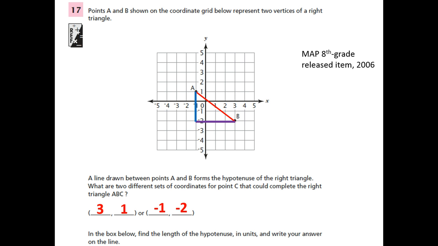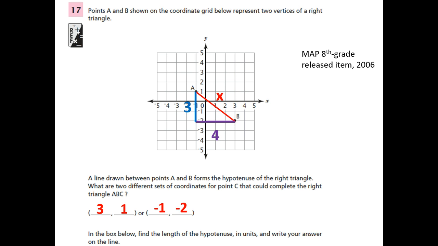The last part of it was to find the length of the hypotenuse in units and write your answer. So what we need to know to find the length of the hypotenuse, that red line segment, is how long are the other two sides. And we can see that this side, this blue side, measures 3 units long, and this side, the one that's purple, measures 4 units long.